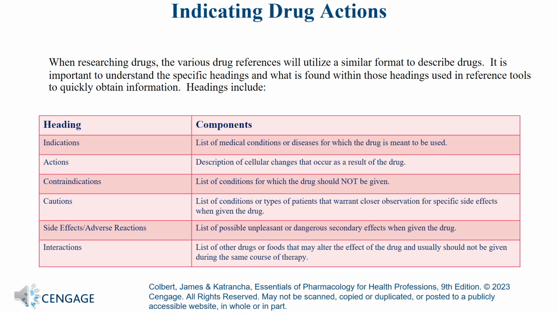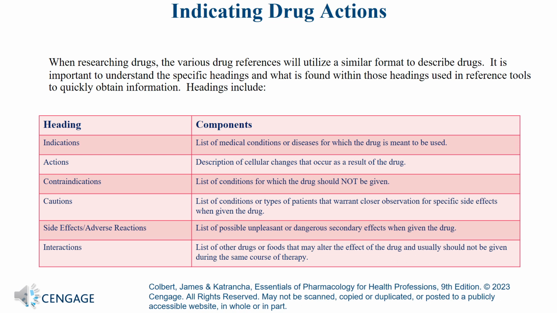It's the list of the medical conditions or diseases for which the drug is meant to be used. The actions is a description of cellular changes that occur as a result of the drug. Contraindications is a list of conditions for which the drug should not be given. Cautions is the list of conditions or types of patients that warrant closer observation for specific side effects when given the drug.